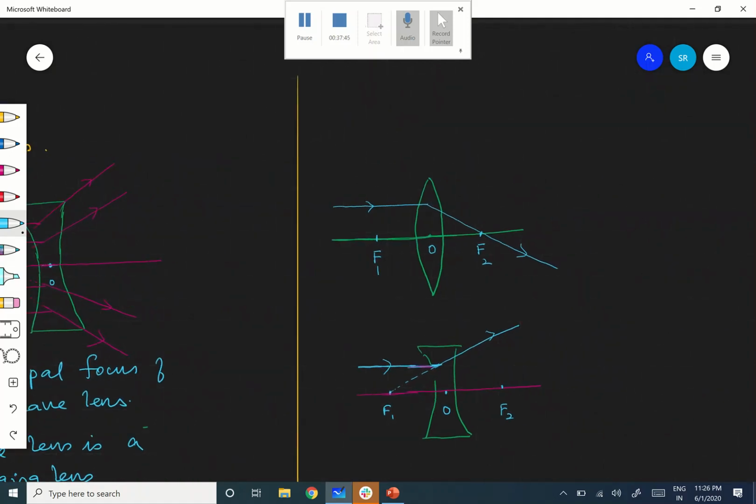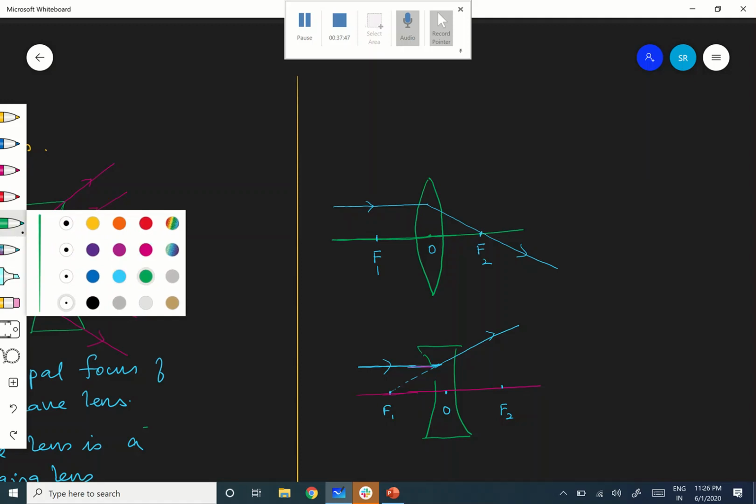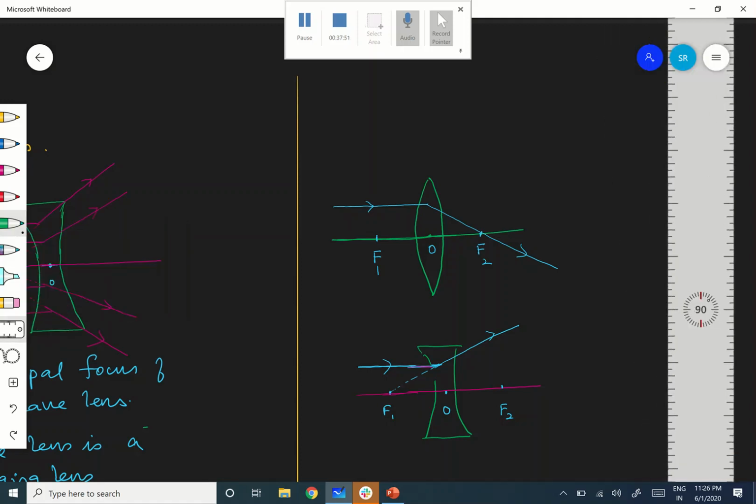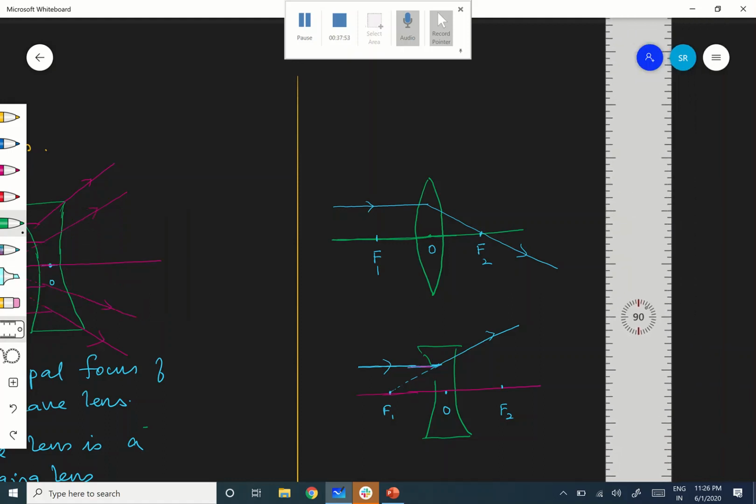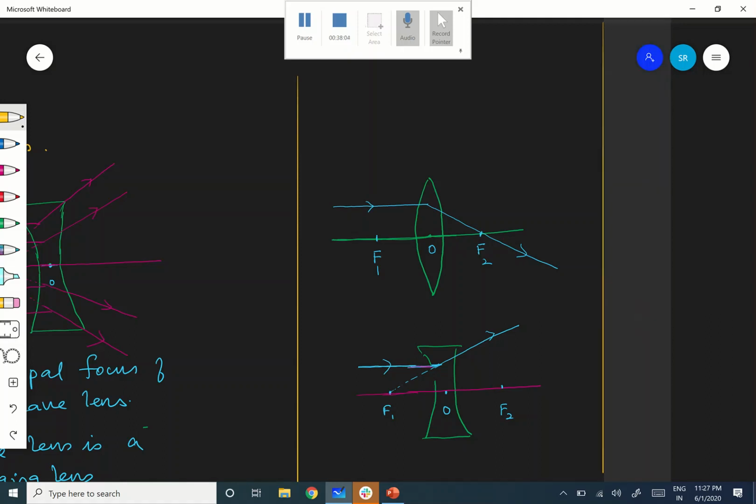Whether it is a convex lens or a concave lens, let me go first.